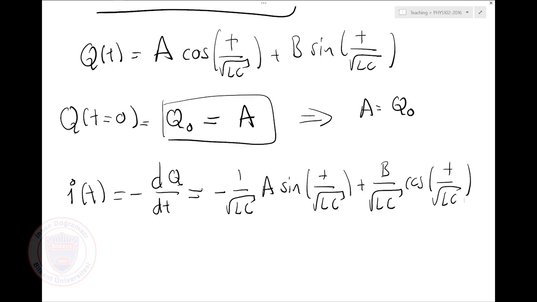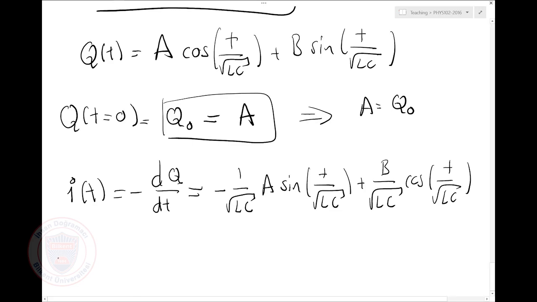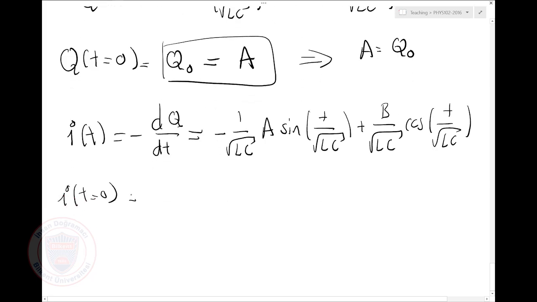Now, what is the current at time t equals to 0? Well, before the switch was closed, it was 0. When I close the switch, can it change? No, it cannot, because there is an inductor there. The inductor resists sudden jump in the current. Okay, the current right after I close the switch must be equal to what it was just before the closing.